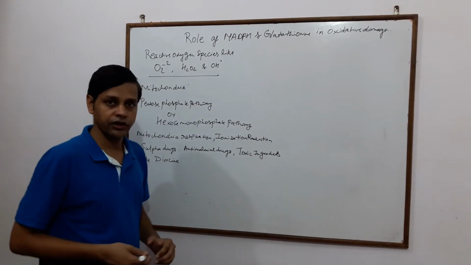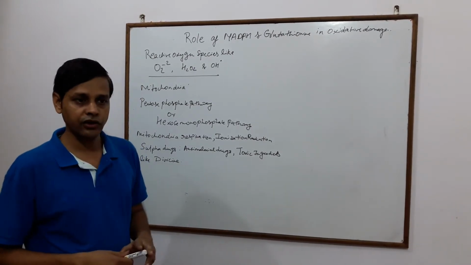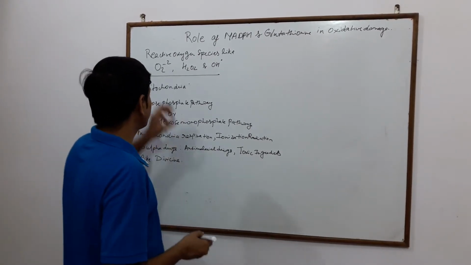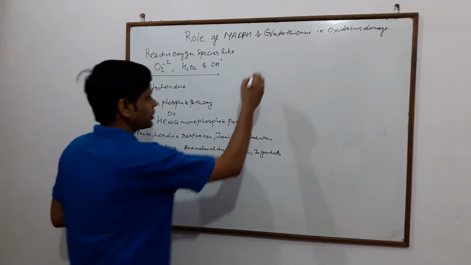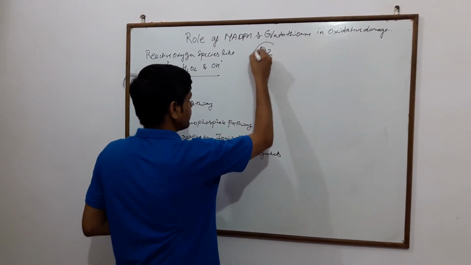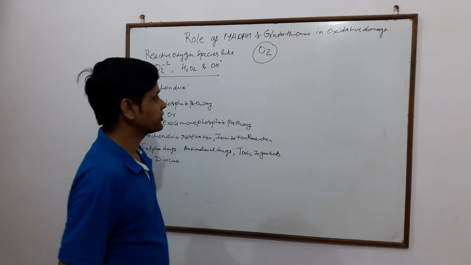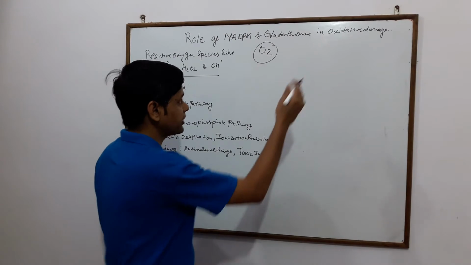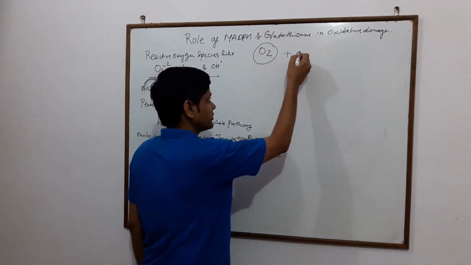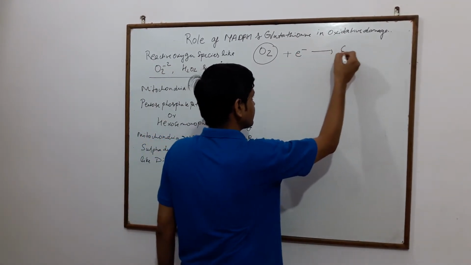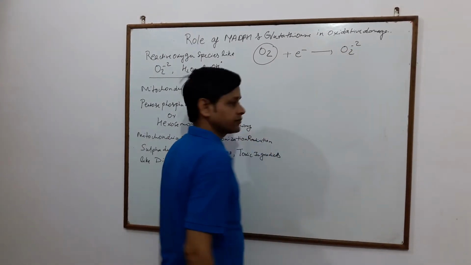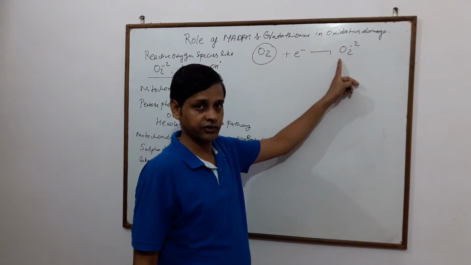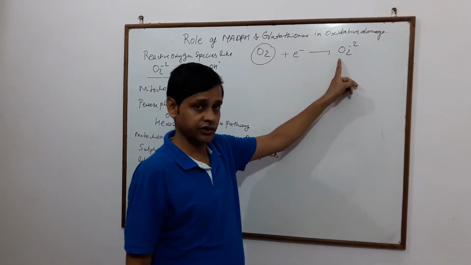Now we come to the main mechanism, how they are generated. When molecular oxygen, O2, undergoes the reduction process and gains electrons, it produces superoxide. These superoxides are very reactive oxygen species.